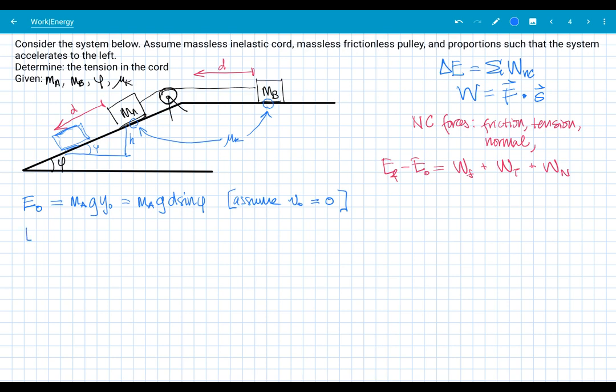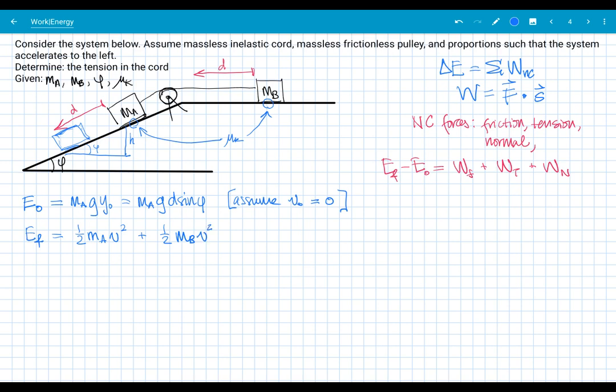Okay, so final energy. Now, what am I calling my final situation? That will be after it has descended through this distance d, right? After the system has gone through some kind of interval that I have to pick here. Well, by then, both the blocks are in motion, right? So I've got 1/2 m_A v squared plus 1/2 m_B v squared.